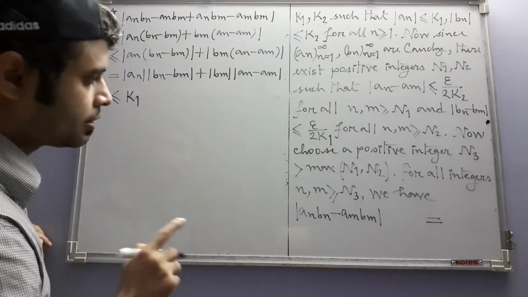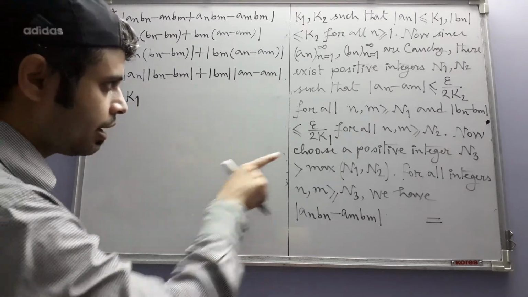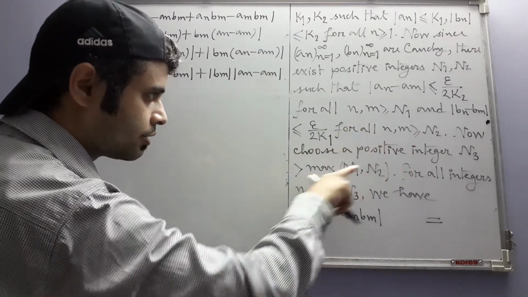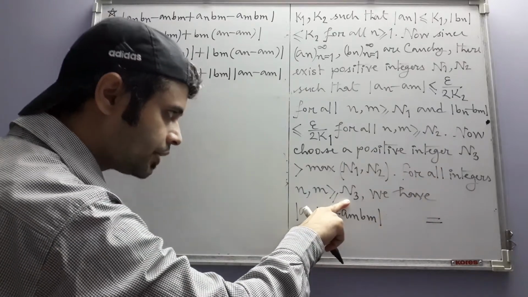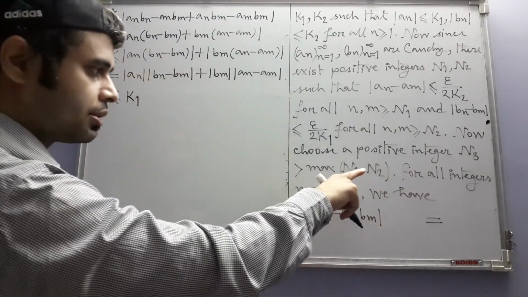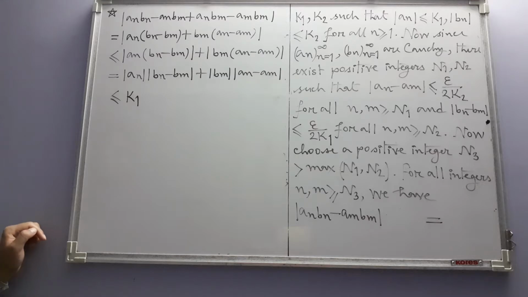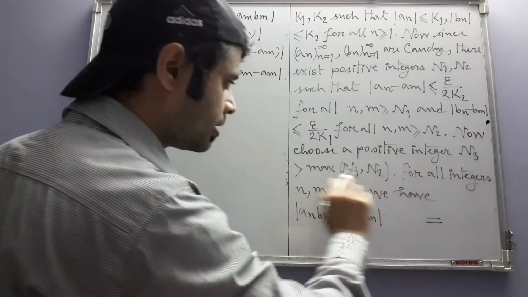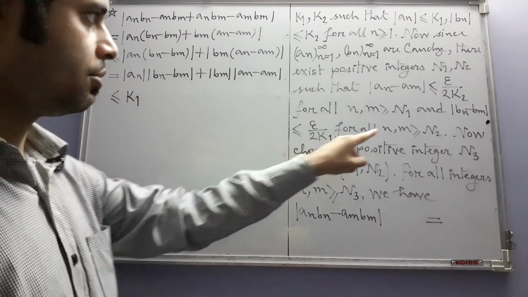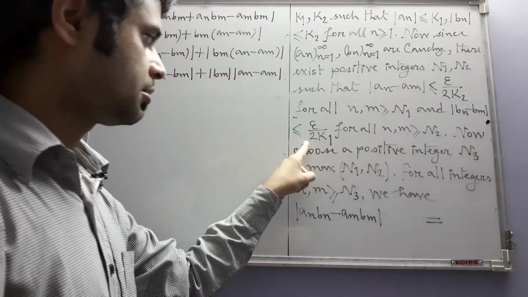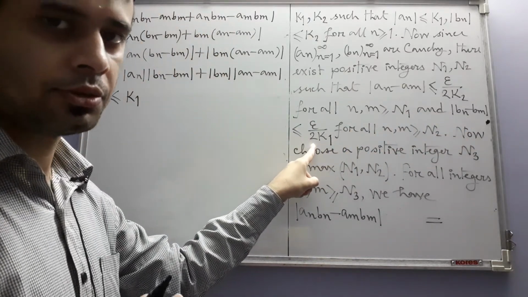Now you see that because n and m are both greater than or equal to n3, they are both greater than or equal to n2 also, because n3 is greater than n2, and so this second set of inequalities is true.